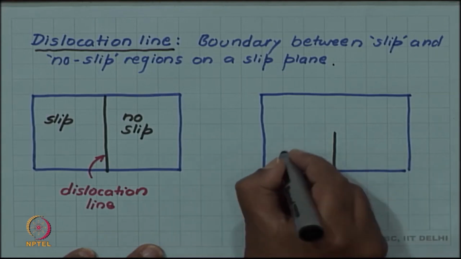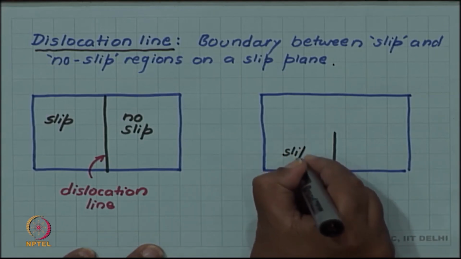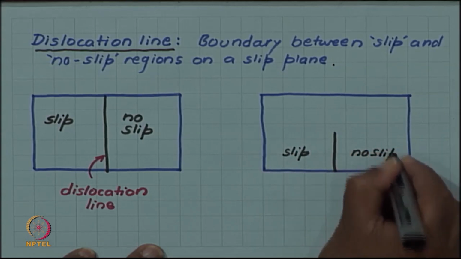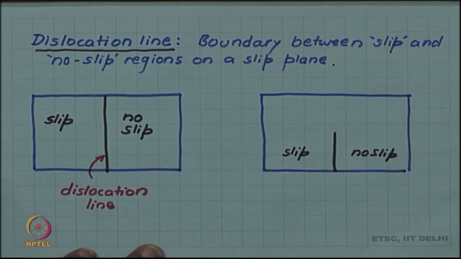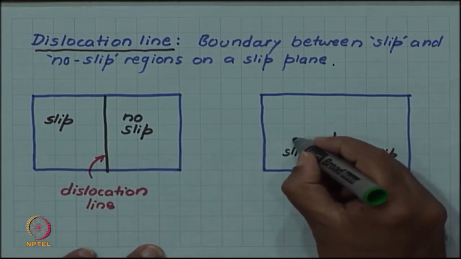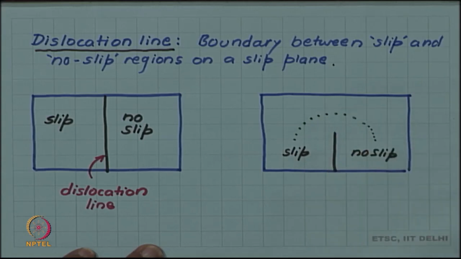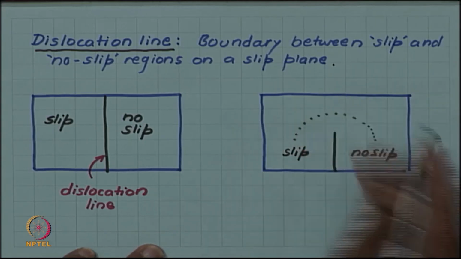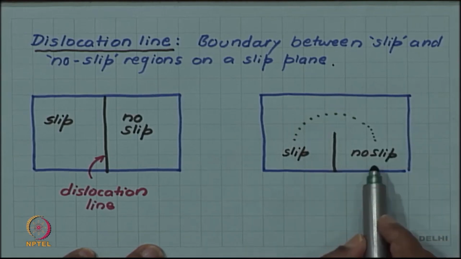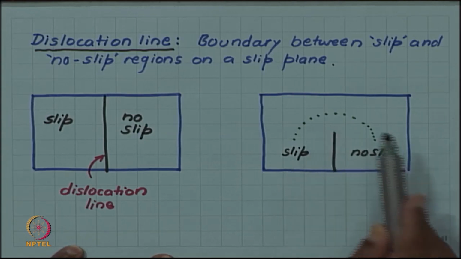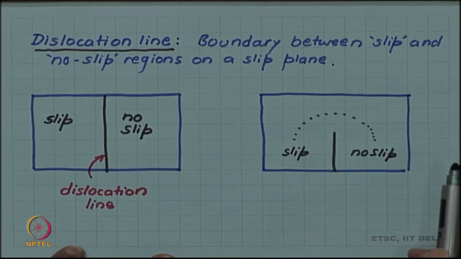Because even if we call this side slip and this side no slip, then it will be possible for me to walk all the way from slip to the no slip region without crossing the boundary, and this should not be possible. If we are saying that there are two regions, one is slip and another is no slip, then going from slip to no slip there should be a boundary which needs to be crossed.